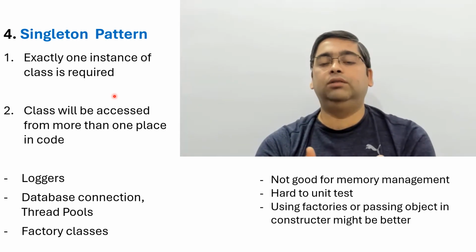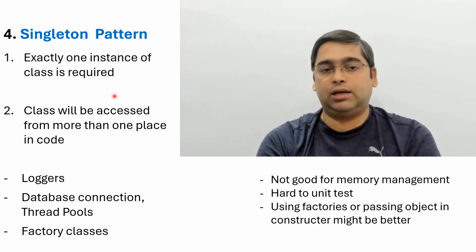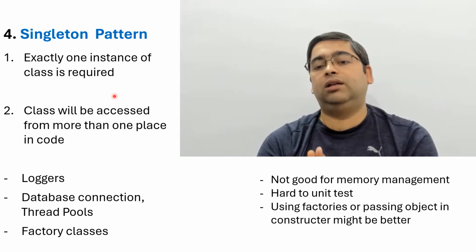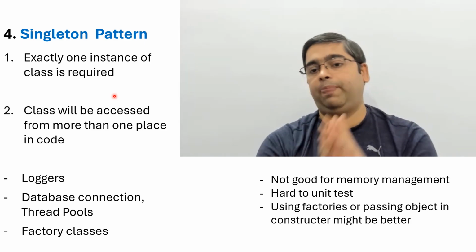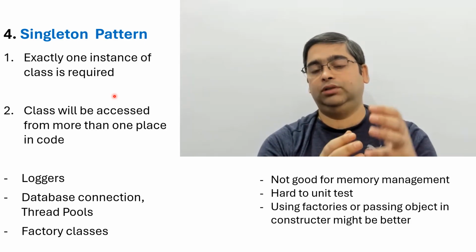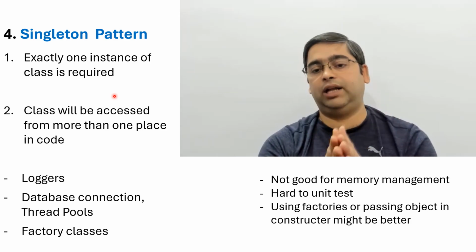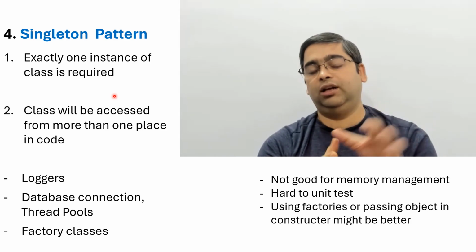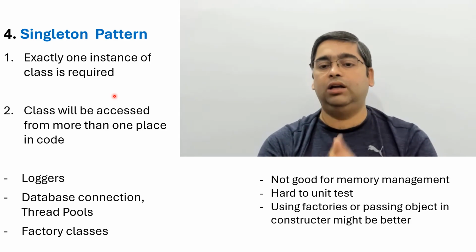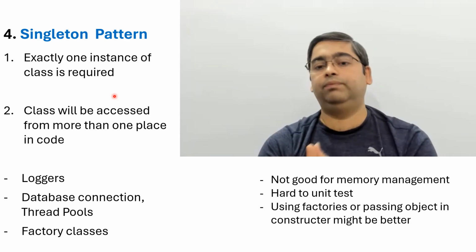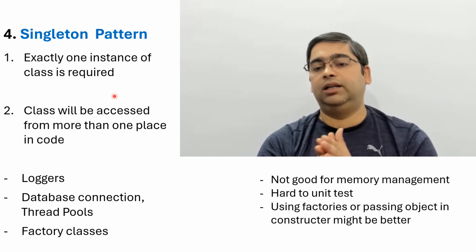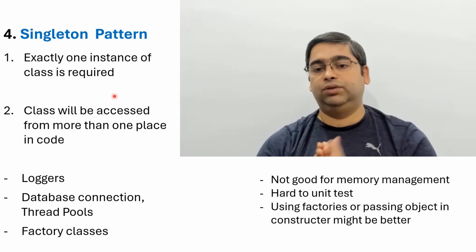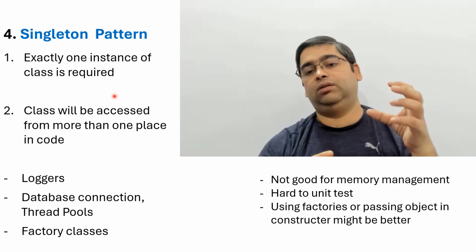So why should we avoid making a class singleton? The first reason is that singleton is not good for memory management. You create a singleton class, you initialize it, and then it is going to stay there in the memory. It is not going anywhere, whether you use it or not. The second is that it is hard to unit test. There is only one state.